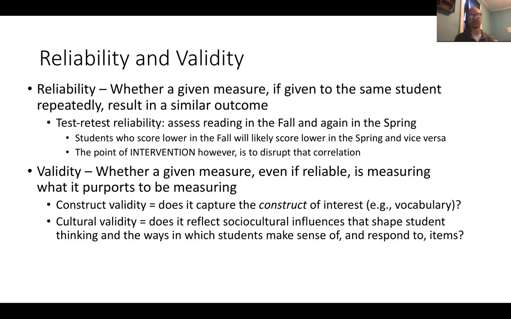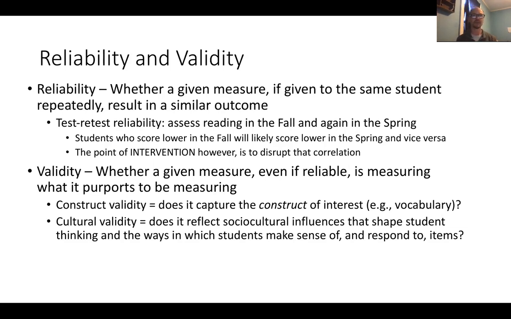For example, with reading measures, you assess reading in the fall and you assess it again in the spring. Typically, individual students' performance in the fall is highly correlated with performance in the spring. And that's what's called test-retest reliability. That is, if you do well in the fall, you're likely to also do well in the spring, and vice versa.